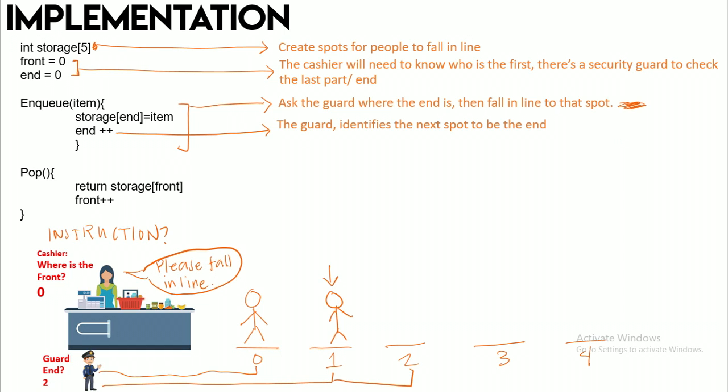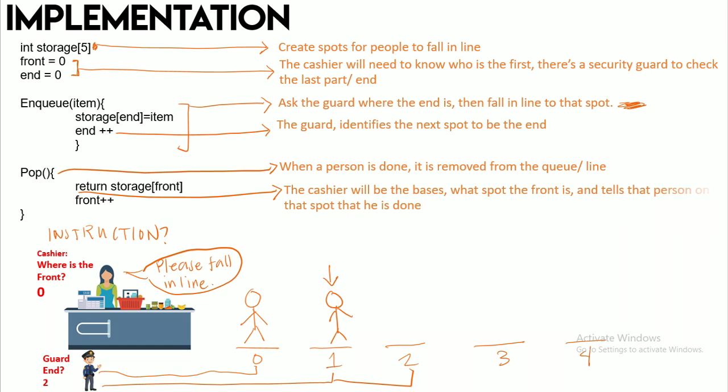Now, going back to the code, the next instruction is that when we want to remove someone, or the data in the queue, or in our case, the person in the line, we ask the cashier where the front is. Then the one who is identified in the front spot will be removed. In our case, the front spot is spot number 0, so the person there will be removed.